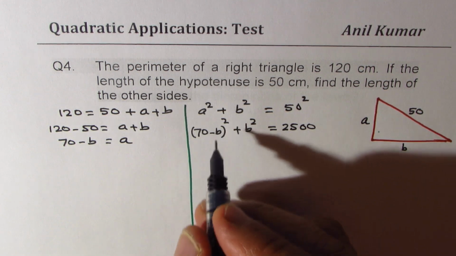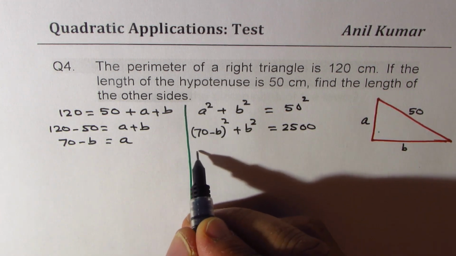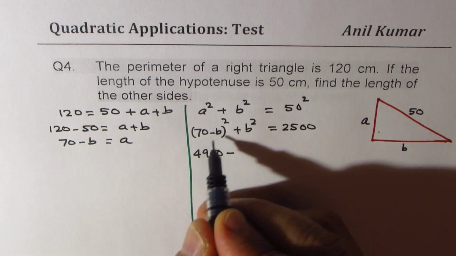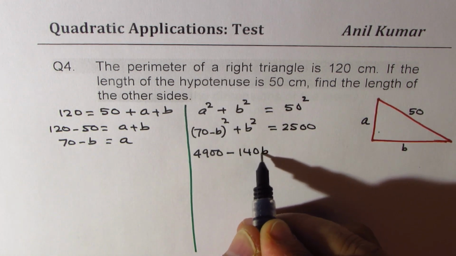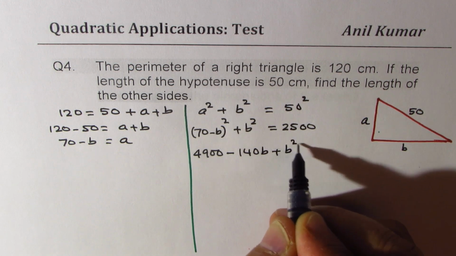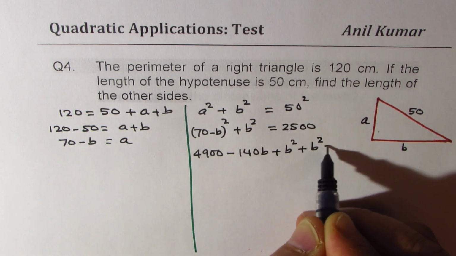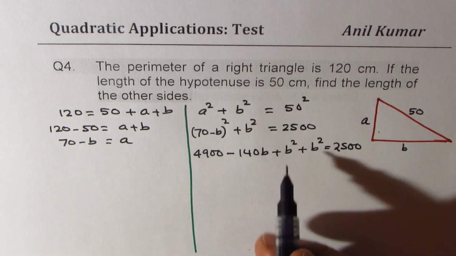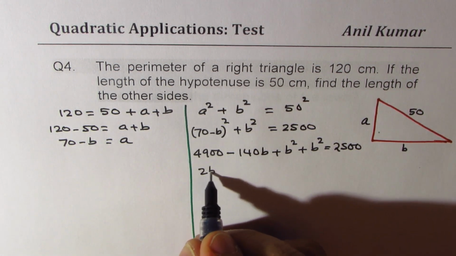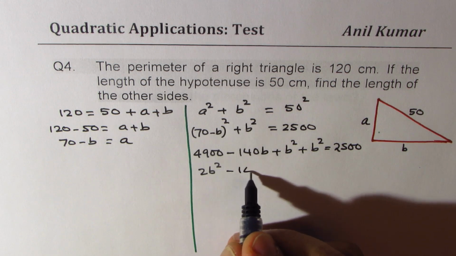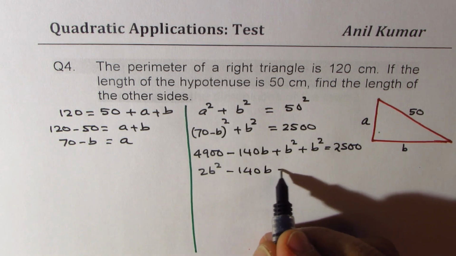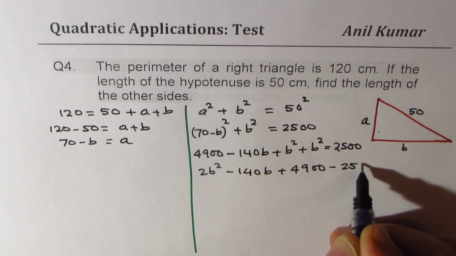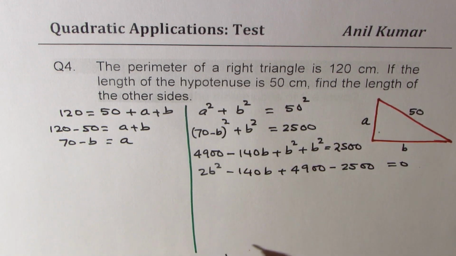So let's square this up. Square of 70 is 4900, minus 2ab, that is 140b, plus b square equals 2500. So we get 2b square minus 140b plus 4900 minus 2500 equals 0.